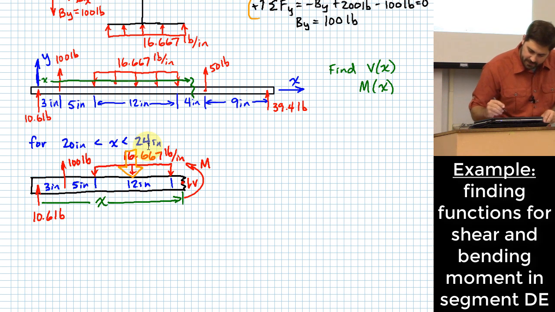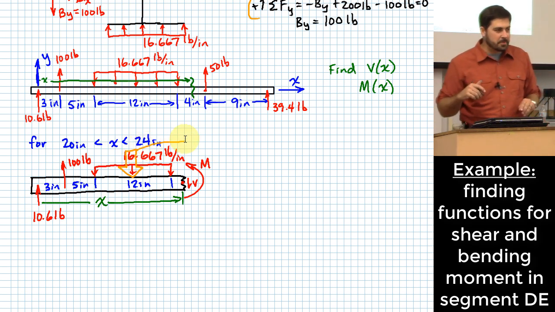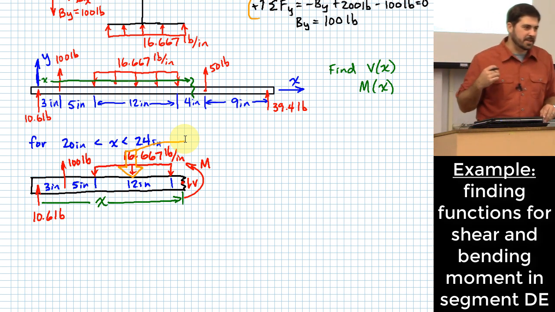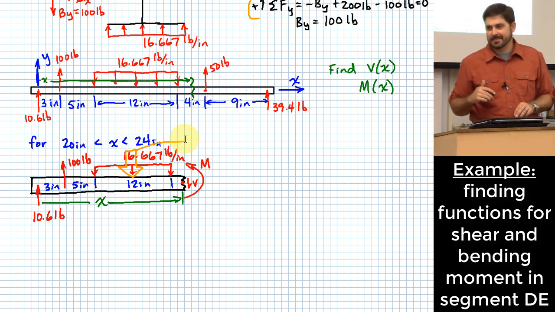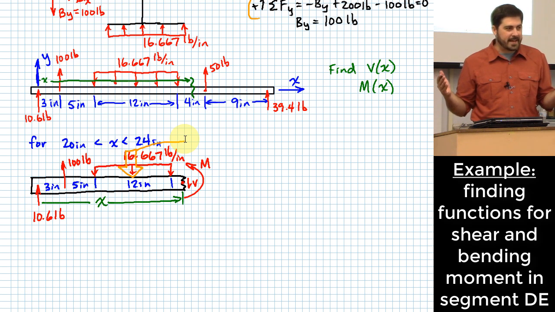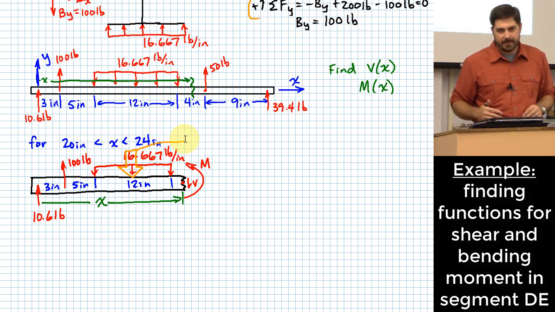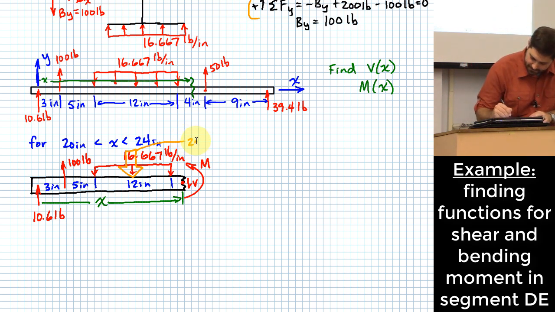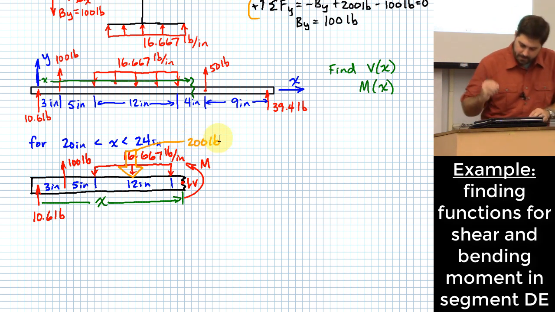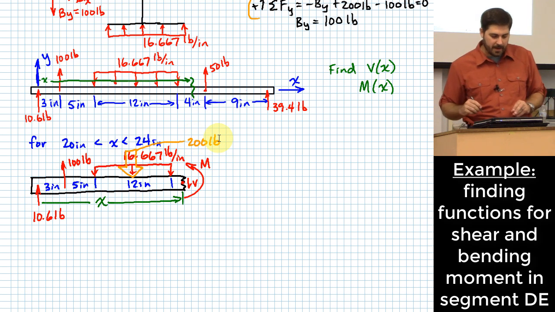And what is that going to be? We could calculate it again if we wanted to, but you might remember a calculation we did that was similar. 200 pounds, right? That is the total amount of force being applied over the entire hamburger patty. 200 pounds being applied right there.